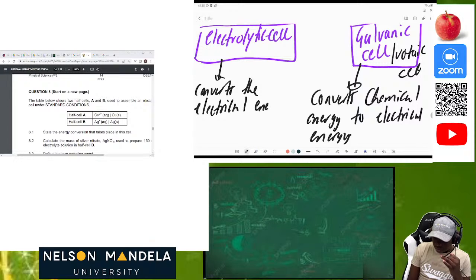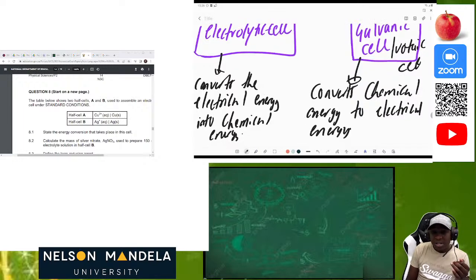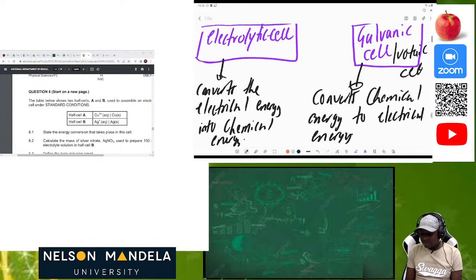So we can see that the two are also different according to their definitions. The galvanic cell converts chemical energy to electrical energy, whilst the electrolytic cell converts electrical energy into chemical energy. So you must be able to know those two definitions.